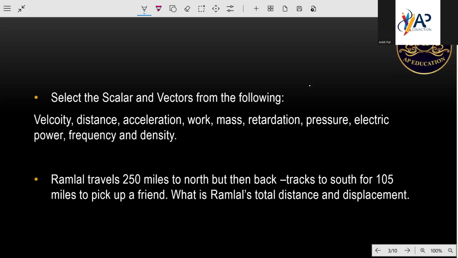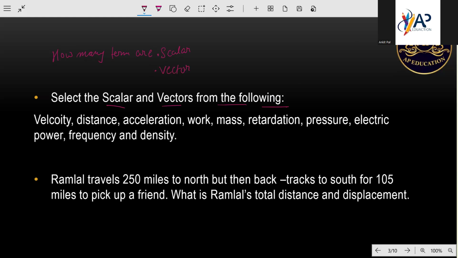Solve this question. Select the scalar and vector from the following terms. How many terms are scalar and vector?